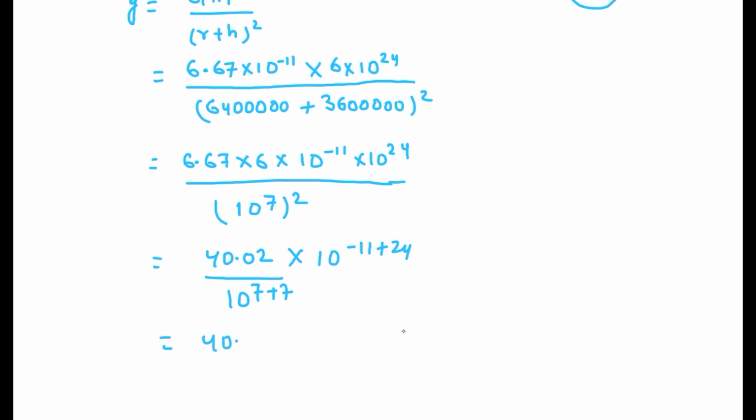So 40.02 into 10 to the power minus 11 plus 24, which becomes 13, and minus 14 here, so 40.02 into 10 to the power minus 1.